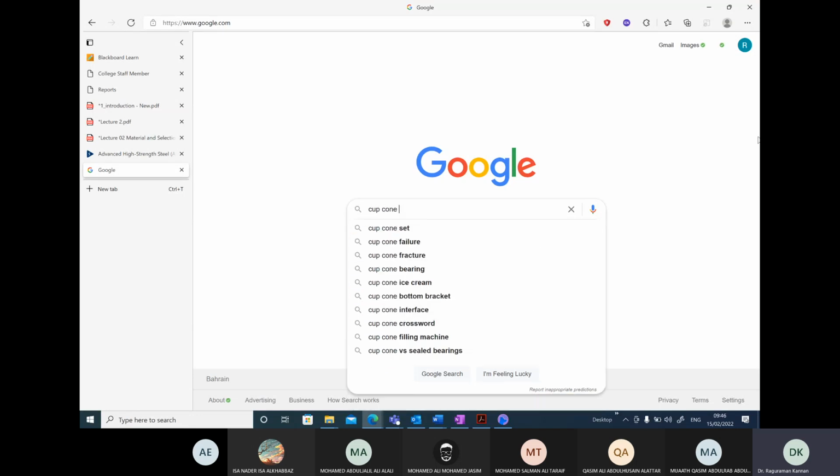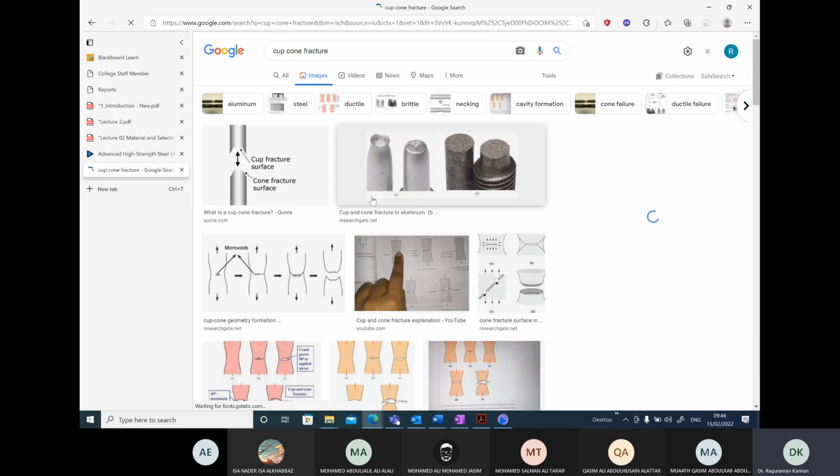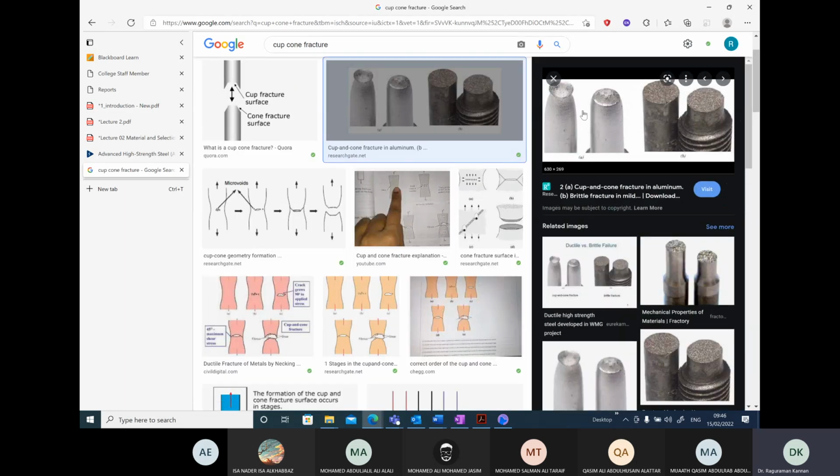If you take any specimen and look at the surface of the specimen, the fracture surface, for example, this surface clearly shows the cup and cone fracture for the steel specimen. It is at a 45-degree angle, and this makes sense because, with respect to the tensile load direction, at a 45-degree angle the shear stress will be the highest value.